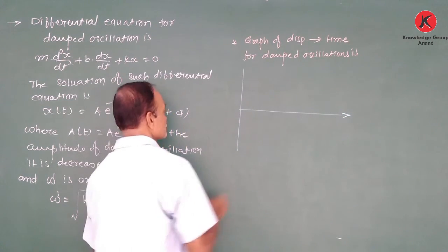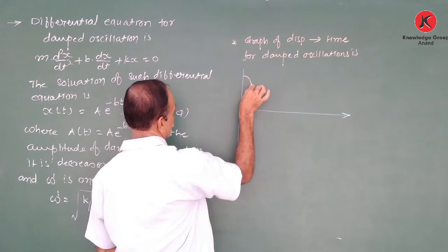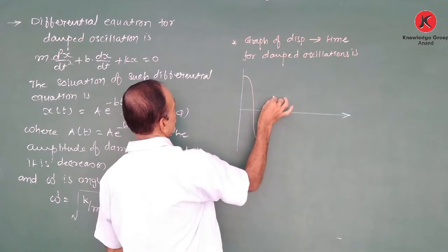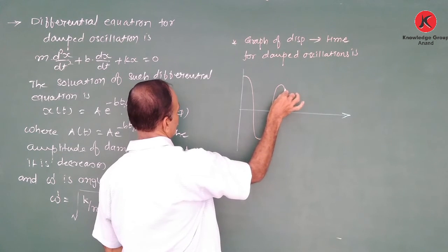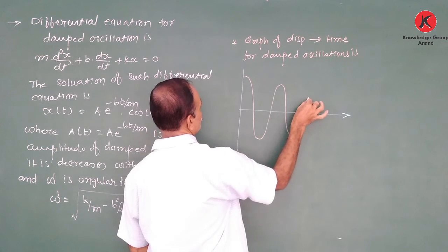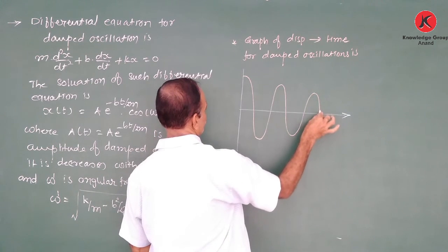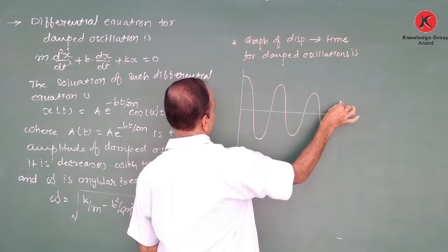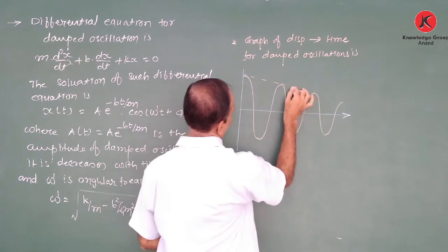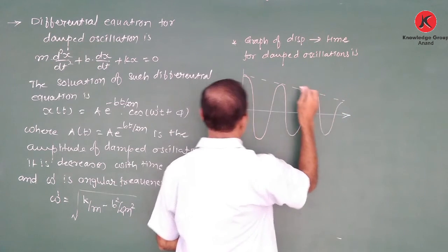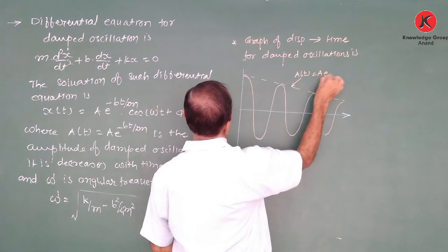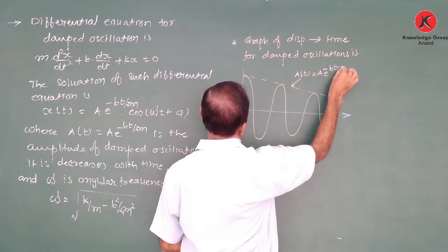So the graph is in this manner. The amplitude continuously decreases with time this way. There is the amplitude at time t is equal to A e raised to minus bt upon 2m.